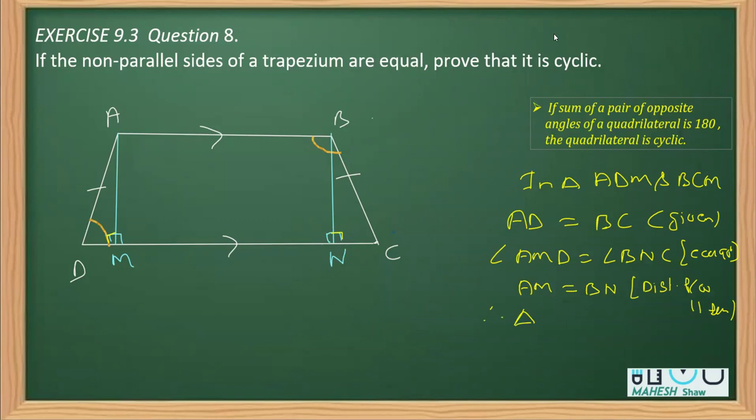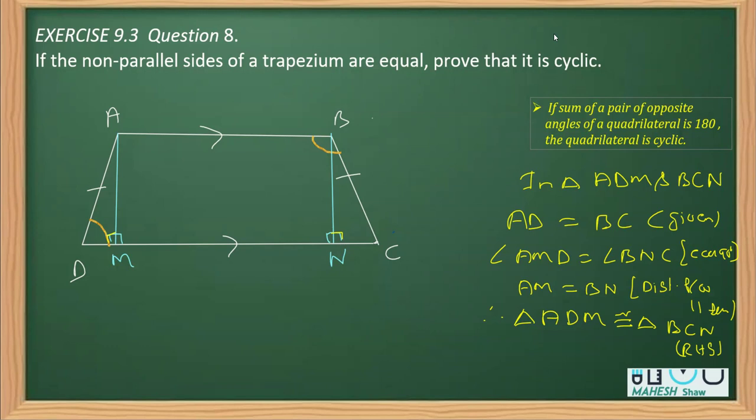So we can say the triangle ADM is congruent to triangle BCN. This is ADM and BCN. Once we prove these two triangles congruent, clearly it is by RHS, that is right angle hypotenuse side. So the triangles become congruent.